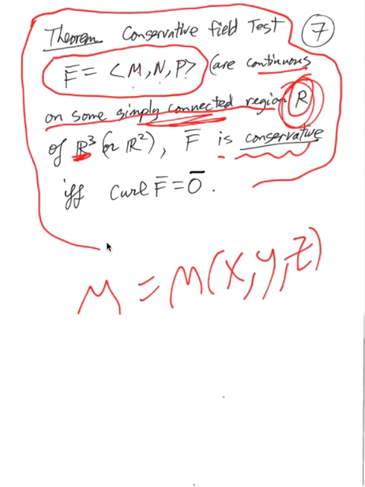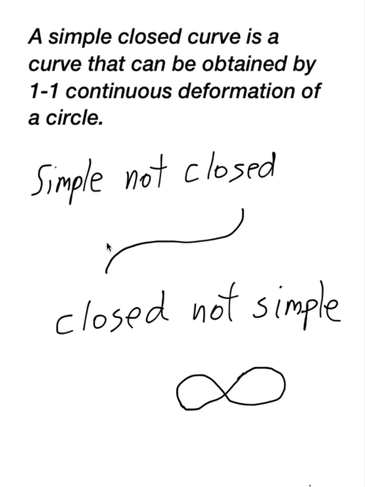Alrighty, let's talk about what this means to be a simply connected region. Now, I've actually got this backwards here. Let's talk about a simple closed curve first. You know what a simple closed curve is? Okay, a simple closed curve is a curve that can be obtained by a one-to-one continuous deformation of a circle.